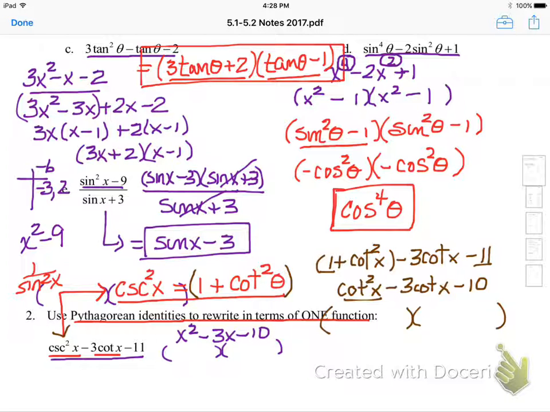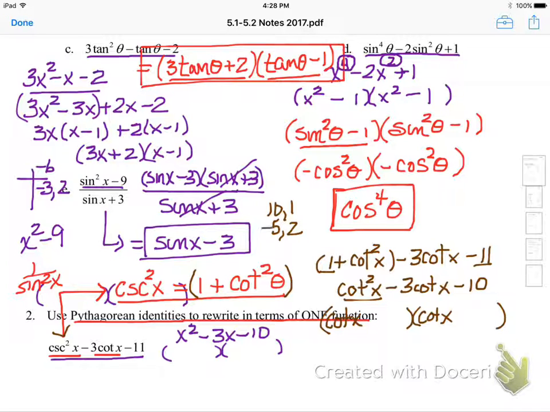So what makes cotangent squared? Well, that's cotangent x times cotangent x. What makes a negative 10? That also makes a negative 3, as in add or subtract. Well, you've got 10 and 1. That doesn't make 3. You've got 5 and 2.